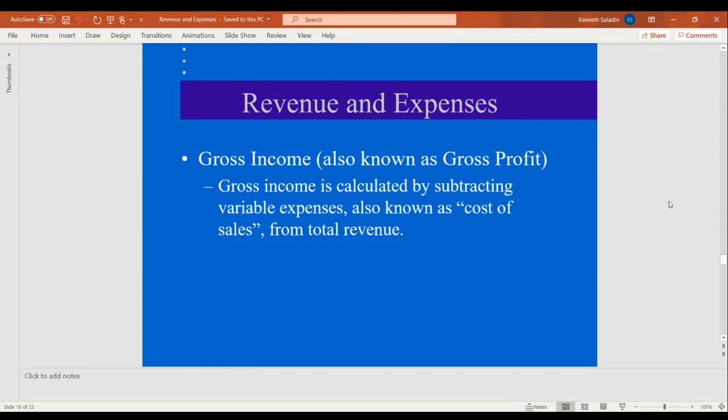Gross income is the total revenue minus variable expenses. Now remember, variable expenses are also known as cost of sales. So if you take total revenue and subtract your cost of sales, you end up with a value that's referred to as the gross income. And in a little bit, we'll go through some numerical examples of these.